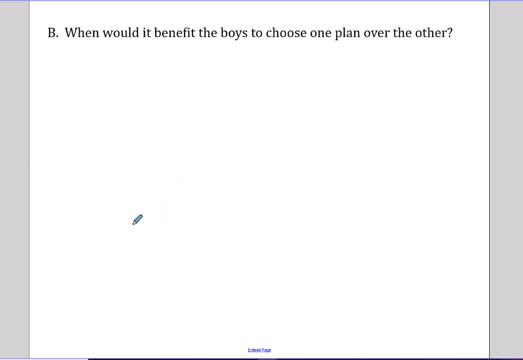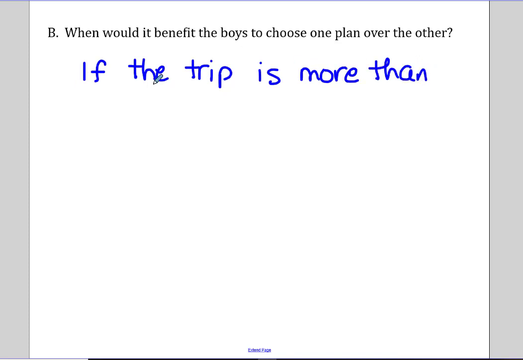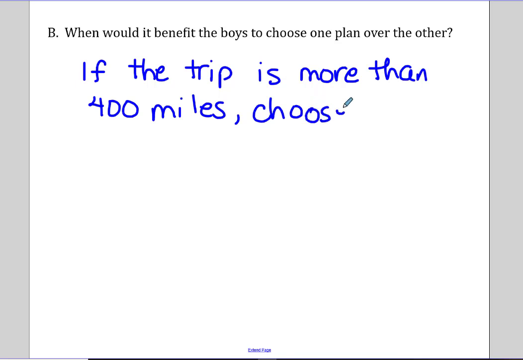Part B, when would it benefit the boys to choose one plan over the other? Well, when they drive more than 400 miles. So if the trip is more than 400 miles, they should choose Plan A, which was called Airport Rentals.